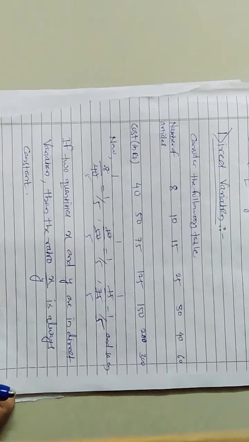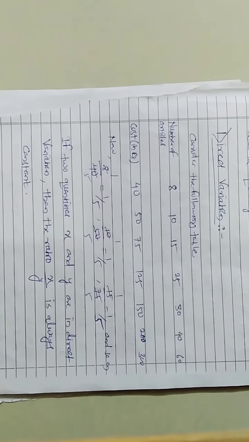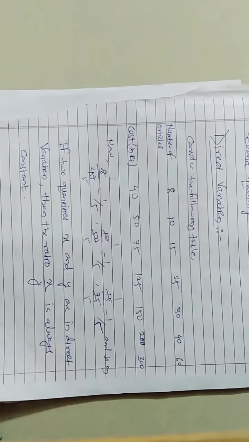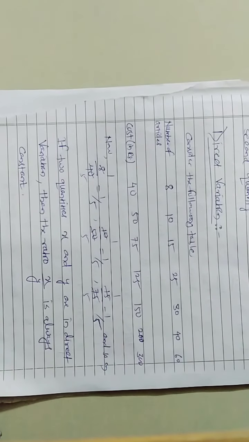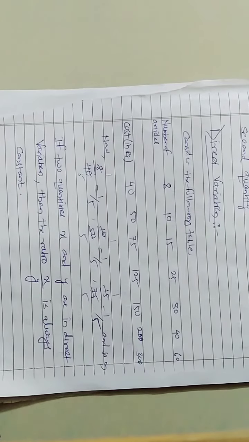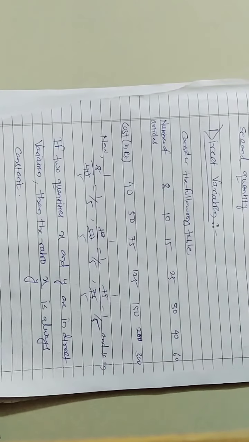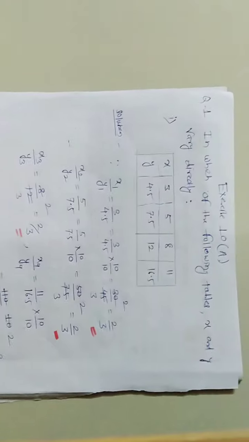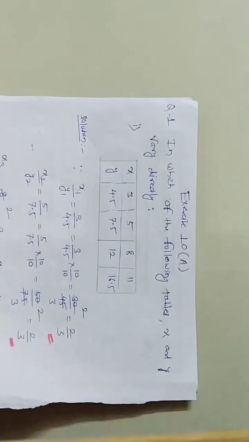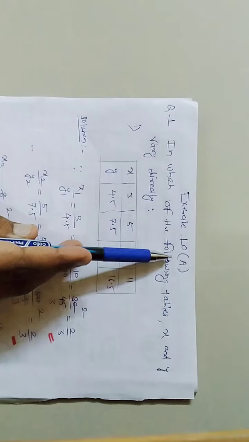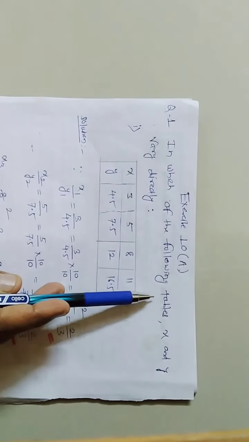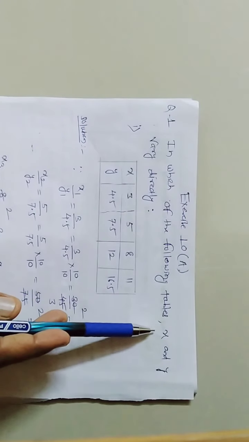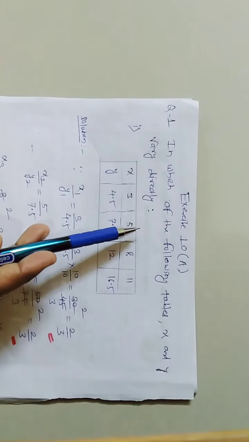Now we'll see the exercise 10a, and these are the examples of exercise 10a based on direct variation. Now the first example, exercise 10a, first example: in which of the following tables do x and y vary directly?